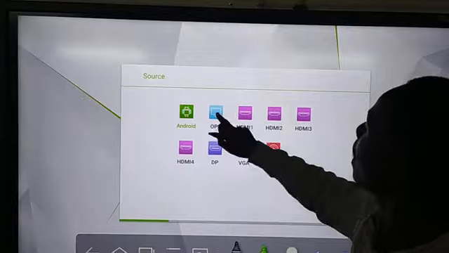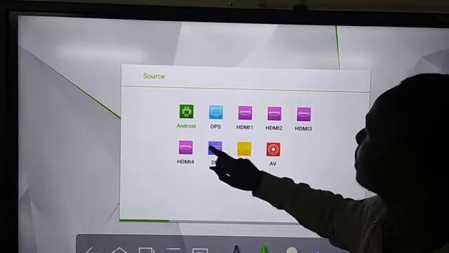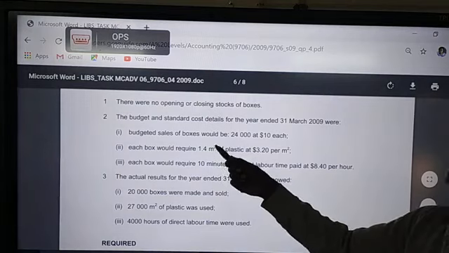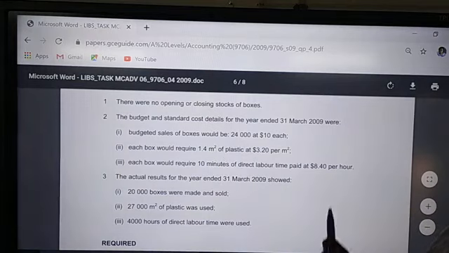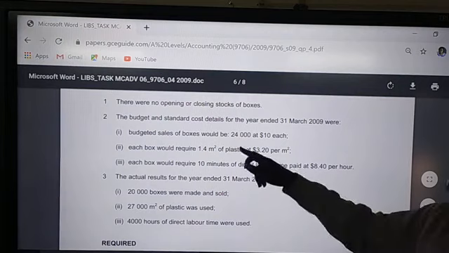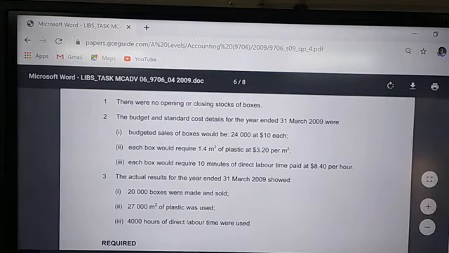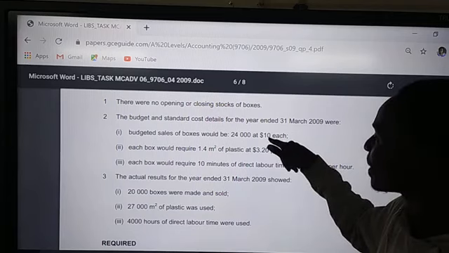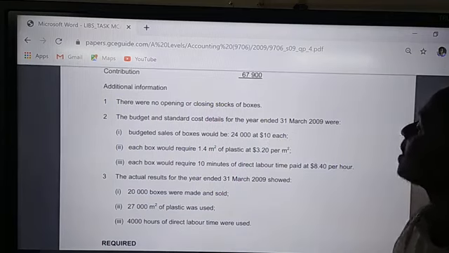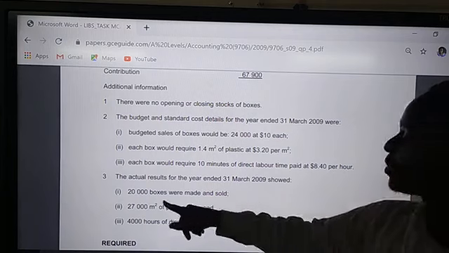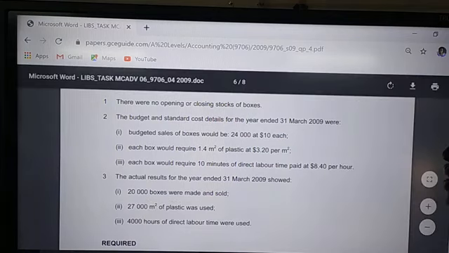Our budgeted selling price per unit is 10. Remember, we budgeted to sell 24,000, but we actually sold 20,000. So it's budgeted selling price of 10 times actual units sold of 20,000.